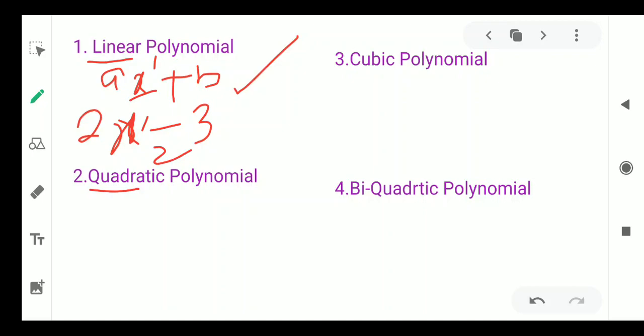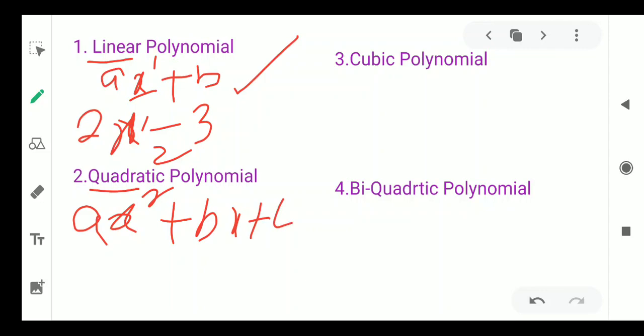Same a, b, c like that you take the coefficients, and one variable only. Now we are seeing only one-variable polynomials. Two variables is different. So now here the general form is ax square plus bx plus c.